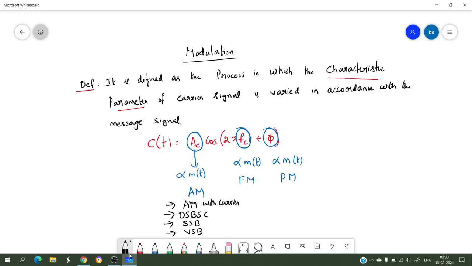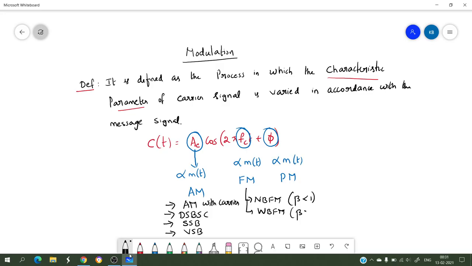Similarly, let us see the different types of frequency modulation. There are two different types of frequency modulation: narrow band frequency modulation and wide band frequency modulation. These different types of modulations can be classified based on the modulation index. If the modulation index is less than 1, it can be classified as narrow band.